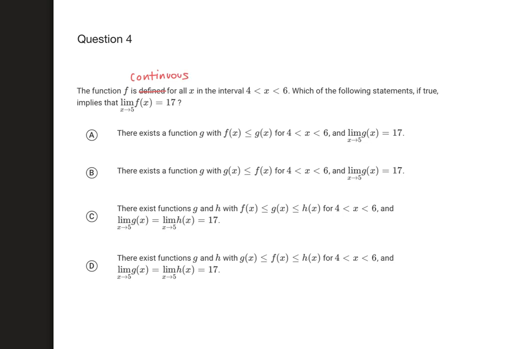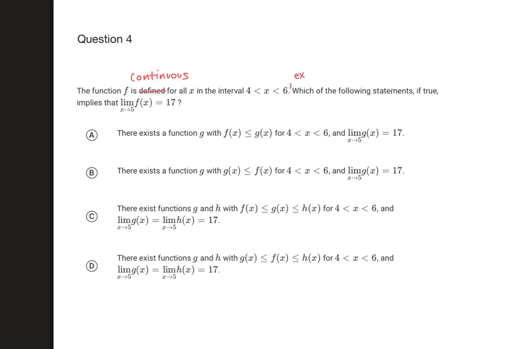They should say continuous for all x. We'll see why later. Which of the following, it actually doesn't have to be, oh wait, let me think. Yeah, it doesn't have to be continuous at 5, but we should say continuous for all x in the interval.